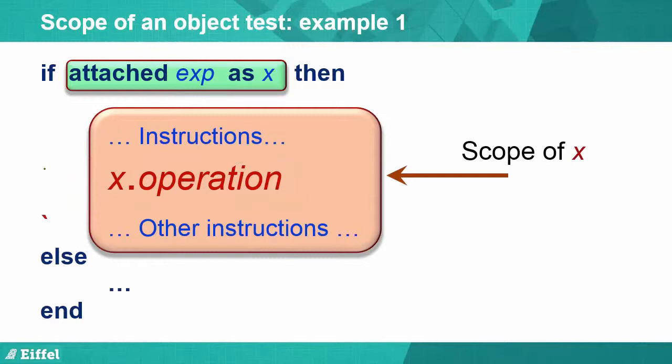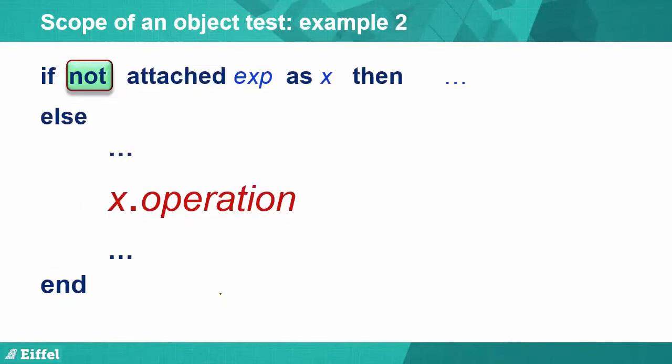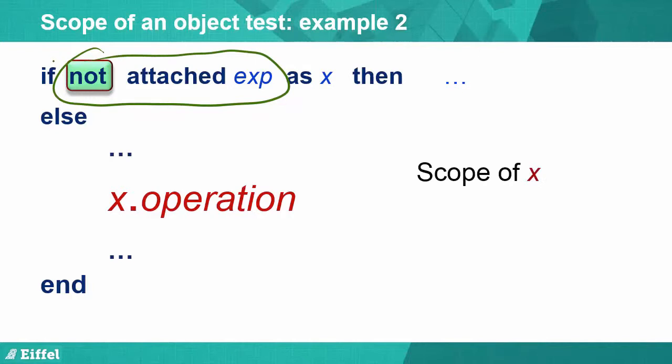On the other hand, of course, if we were using it in the else clause, then x dot operation would fail, triggering a void call, a null pointer dereferencing. That's the first case. The second interesting case is the else part of such a conditional, but then of course in that case the object test should be used in a negative form, not attached of x.